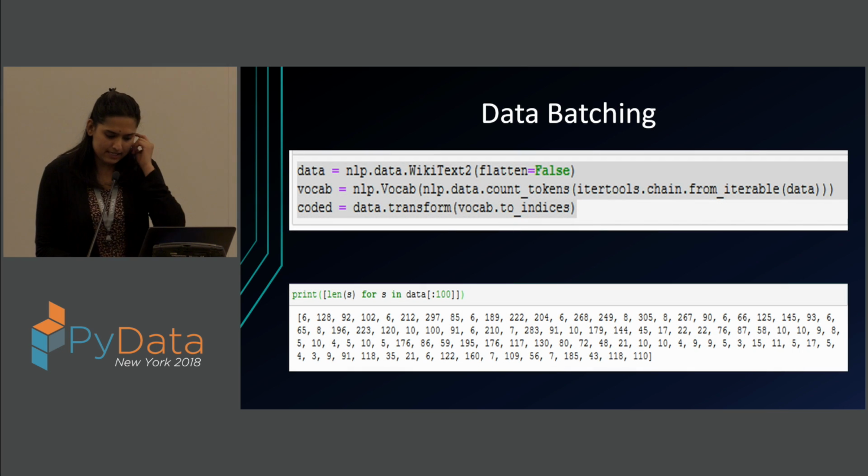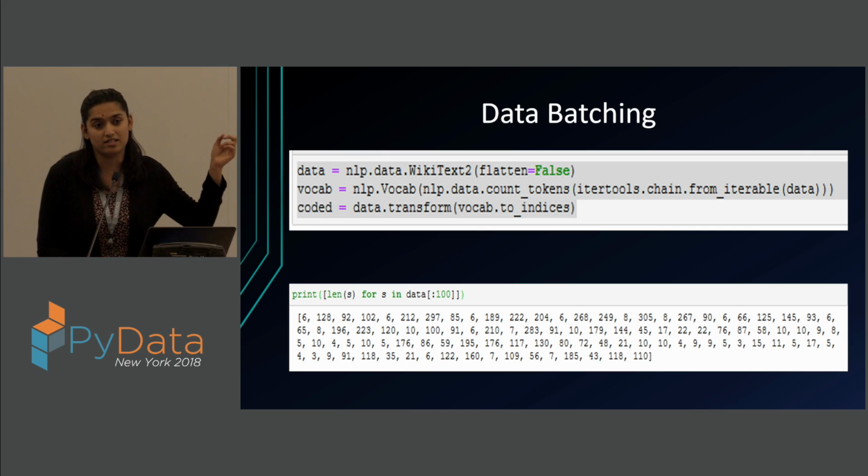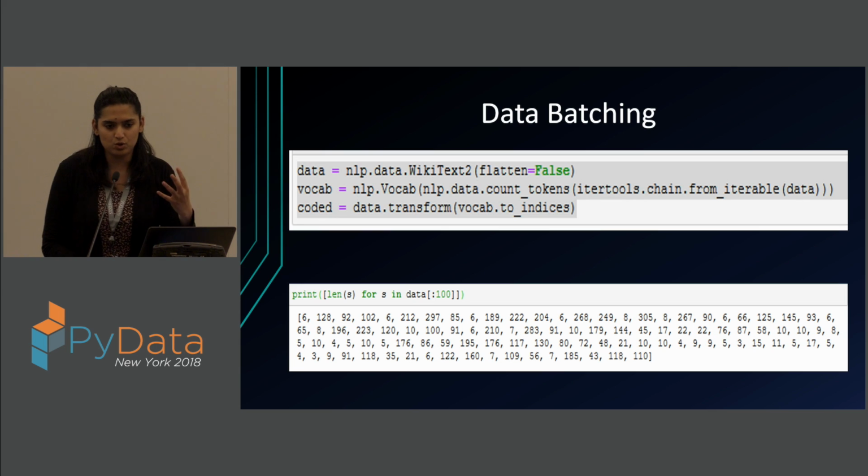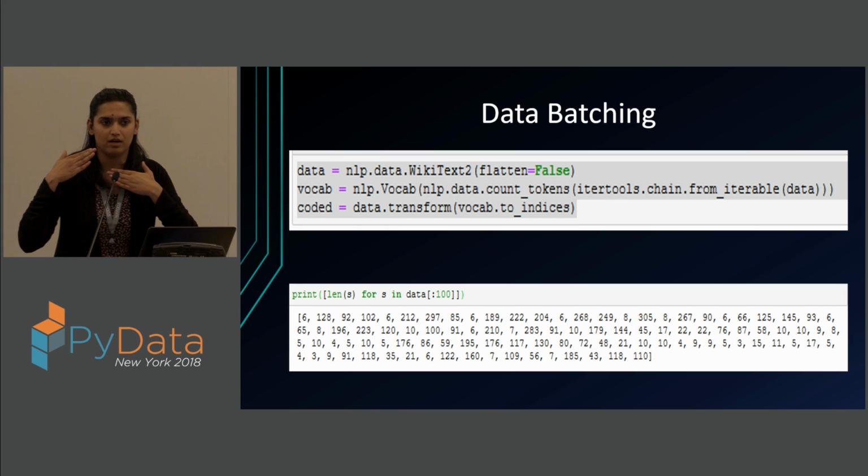For example, this is the first 100 paragraphs from the Wikitext2 dataset that we talked about, and this is the distribution of how their lengths vary. Now, what this means is that data padding comes into play in a way that you need to make sure each of your batches is of a constant size, and to do that, you pad each of the smaller inputs to make it to the maximum input length.